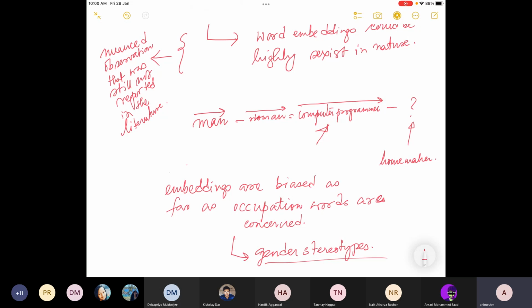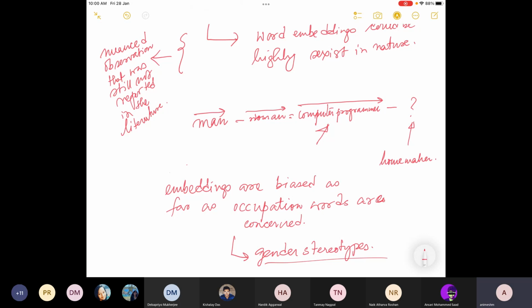Although those professions are completely gender neutral, because of the culture, the society, and things like that, they become actually gender stereotypes.